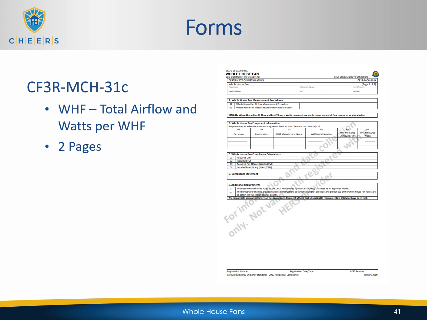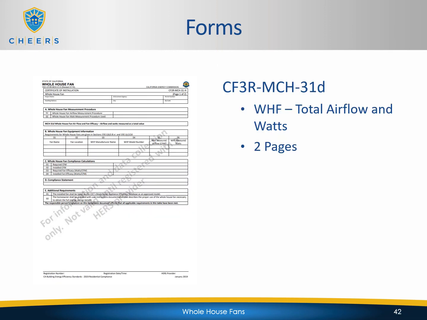And then the MEC 31C is similar, but now this is total airflow and then watts per whole house fan. So you're going to get a total airflow. If you're using the blower door method, you're only going to have a single airflow value, whereas with the flow hoods, you're going to have individual airflow readings. And then again, this is watts per whole house fan, so you're going to measure the watts individually for each whole house fan. And then the MEC 31D is total airflow and total watts.